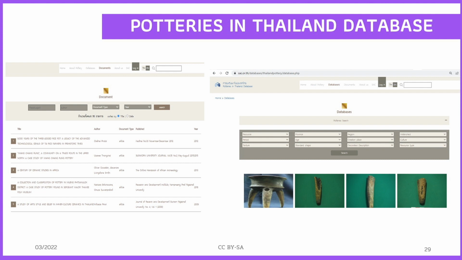The Potteries in Thailand database website stores data divided into two databases. First, academic papers on the study of ancient pottery found in Thailand. And second, pottery data, which provides information on a piece-by-piece basis.